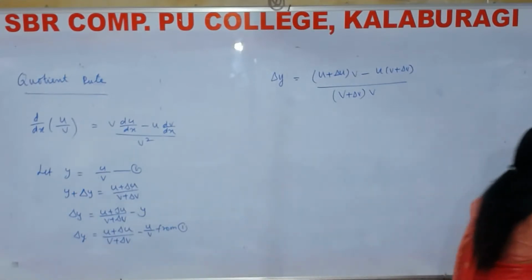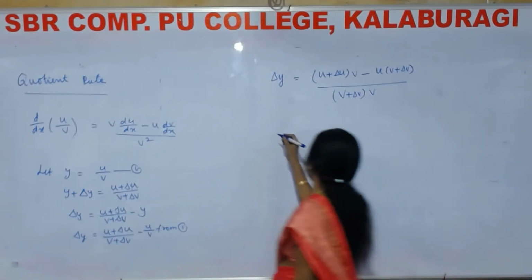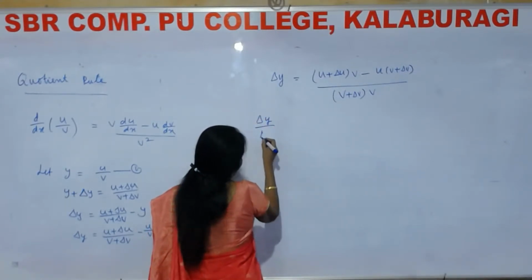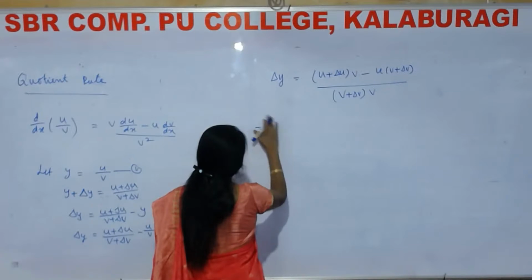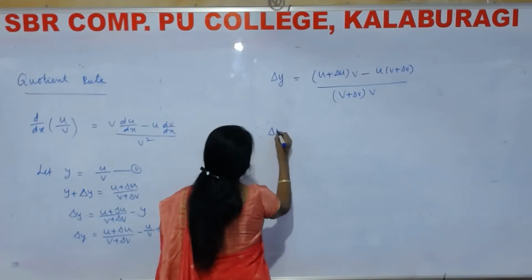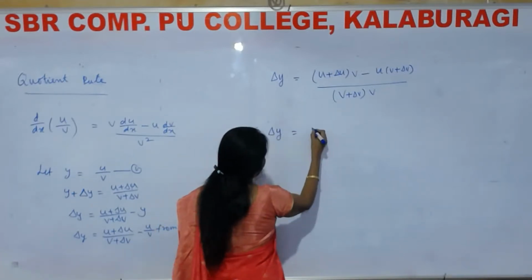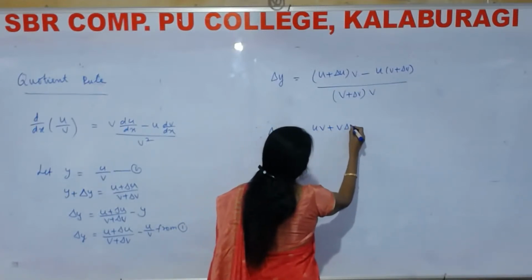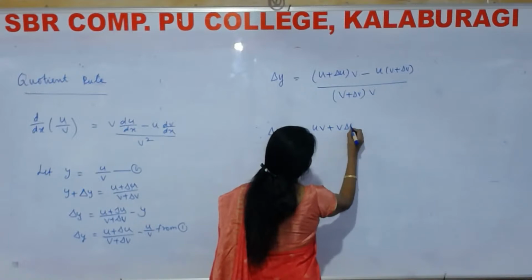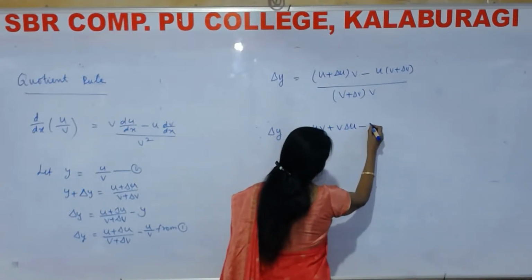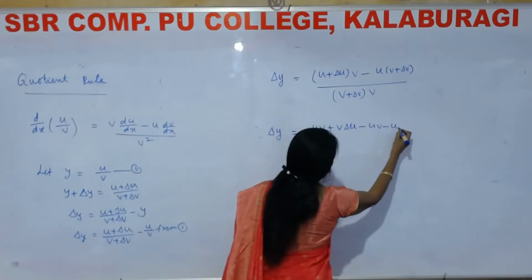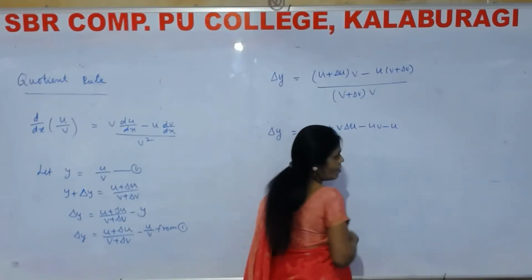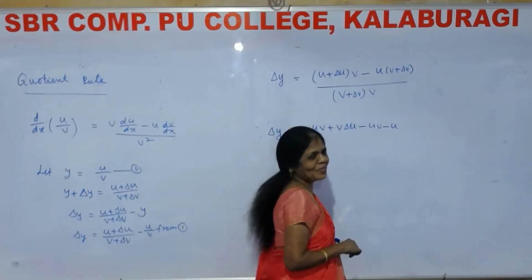Right. Divide by delta x. Okay? Before that, shall we do the simplifications? Multiply, students. Tell me, students. Plus. What is that?